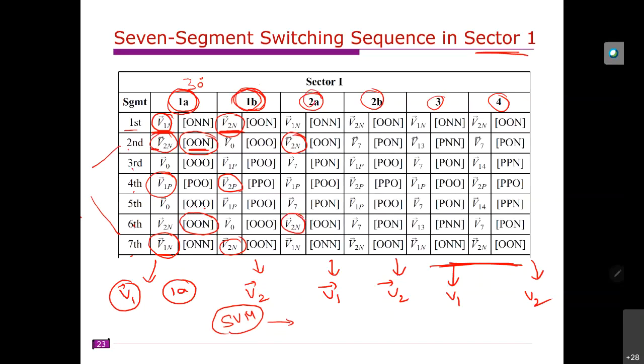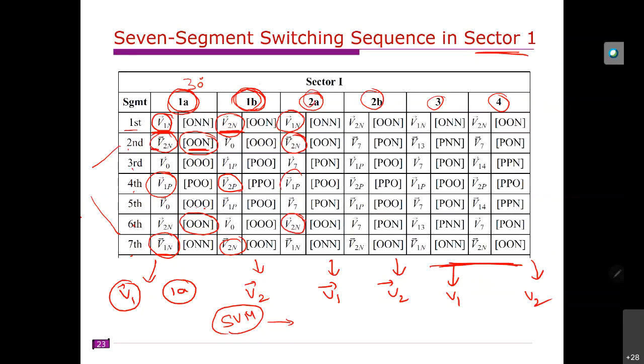So there is no control here. You are provided the control for the V1 vector, but not for this V2 vector. Therefore, it may cause some unbalance in the capacitor voltage.